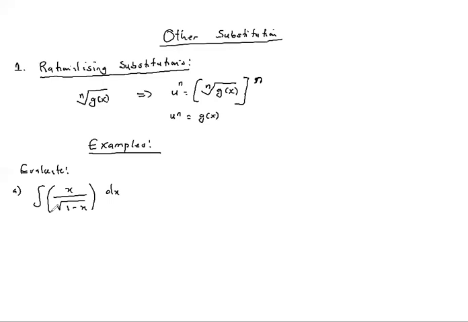So the only way here is to do a substitution where you let your u be the whole root in the denominator, root of 1 minus x, and then immediately you square, just like we did there, and then have u squared equal to 1 minus x. From there, you solve for x.